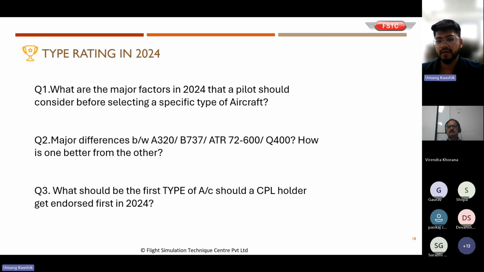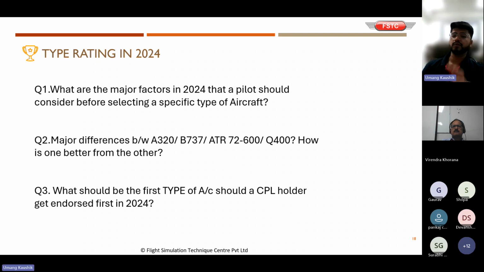They will obviously tell you to do this type rating, on the demand they have. So once you go to an airline, you are already bound with them. You sign a bond. What is a bond? Bond is that you're fixed, right? And let me tell you, अब मैं the difference बताऊं, the real difference between a CPL and a type rating.